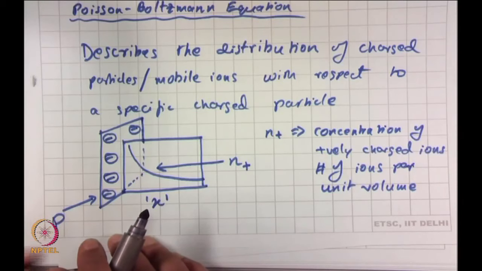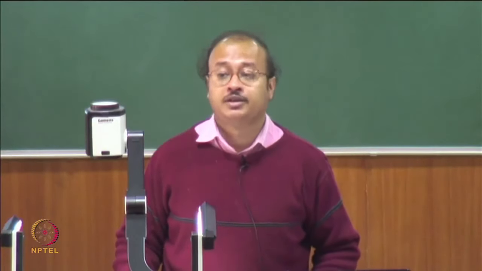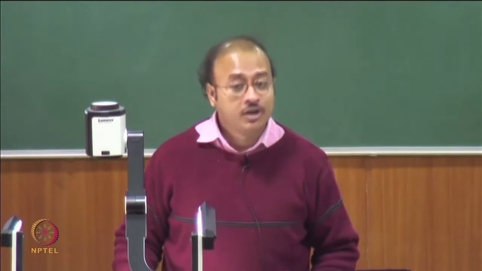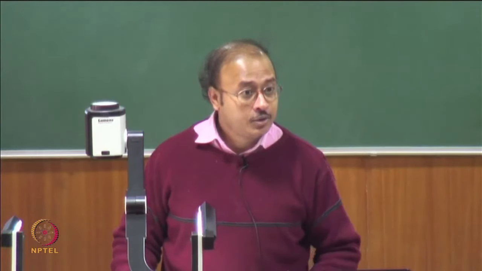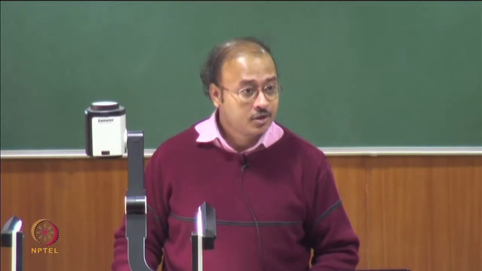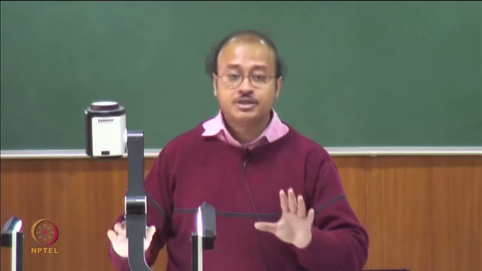Now, how quickly or how slowly it will fall will depend upon something else. What is that? It will depend upon the intervening salt ions we have, right, because these salt ions would potentially screen certain charges from each other.